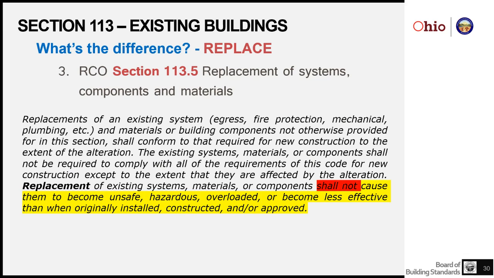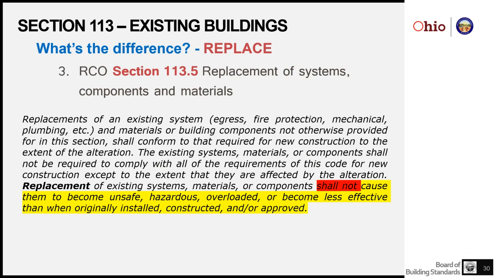A good example here might be that if a furnace is getting replaced with a high efficiency furnace, and that old furnace used to be vented through a chimney and the water heater used to be vented through the chimney.